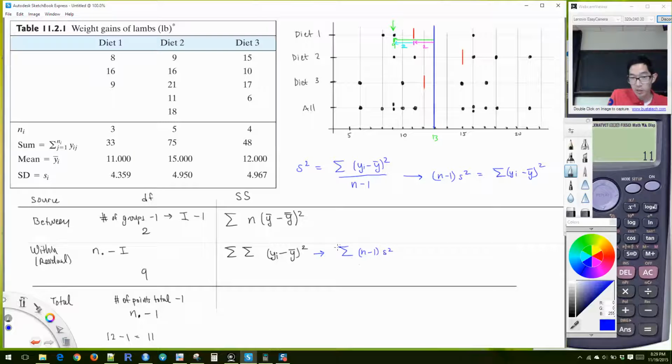And this sum represents doing this operation for all groups. I no longer have to do it for all data points within the group if I'm given the standard deviation.